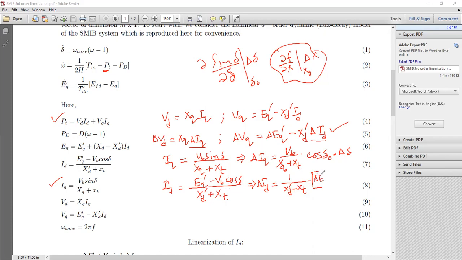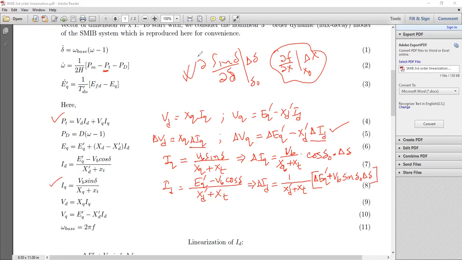The denominator we keep out of the linearization, and then what would happen with del EQ dash? Again, it is a state variable, so simply we can write it as the deviation variable del EQ dash, minus, plus VB sine delta naught del delta. So this is what we will get, following this expression over here.